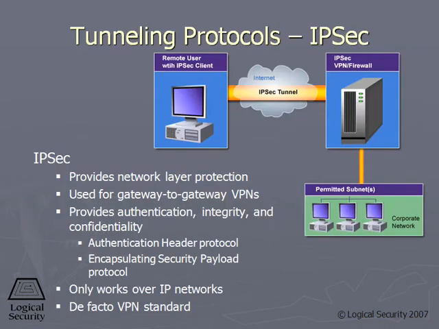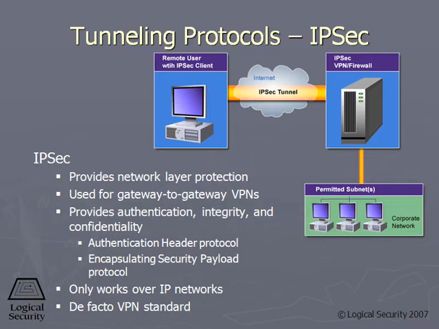So IPsec is the last VPN technology that we'll look at, and it is the de facto standard, which means that's mainly what we use today, specifically from network to network when they need to communicate. Not always from a host to a network, but that can be set up.